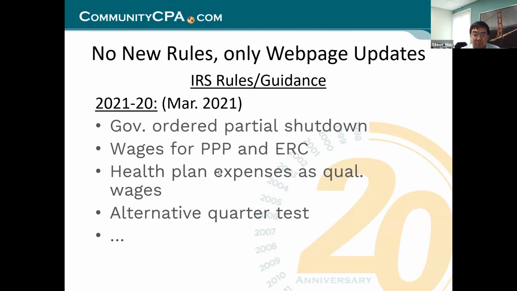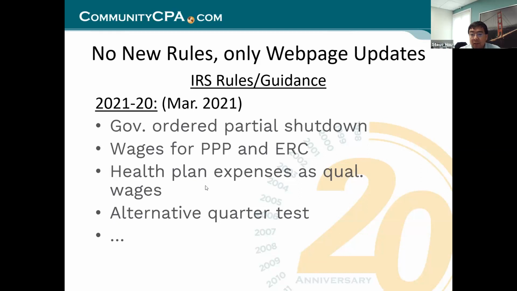Okay, and it also clarifies something about the health plan. So if you have a qualified health plan for your employees, then the employer's expenses paying for those health plans, in fact both employer and employee payments toward those health plans, can be counted as qualifying wages.